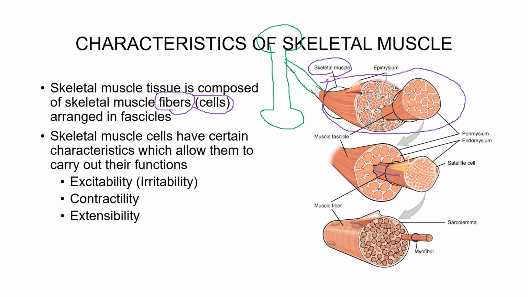So, surrounding the muscle, what I'm going to do is highlight it in black. Surrounding the actual muscle itself is a protective coating, once again, of collagen fibers, and what that's called is the epimysium. And you can see the spelling right here.